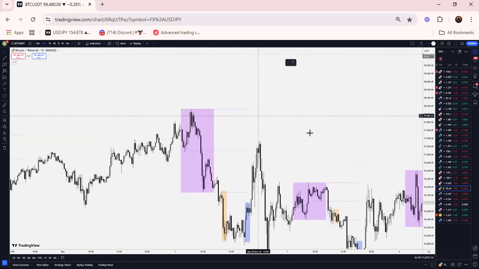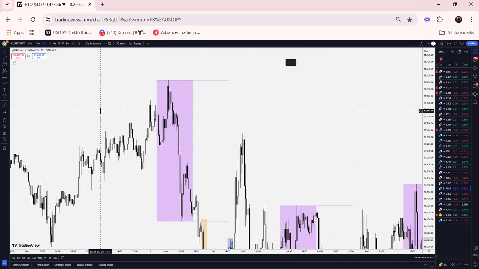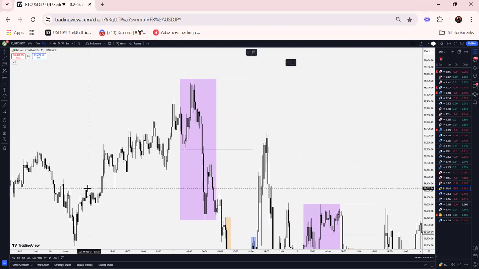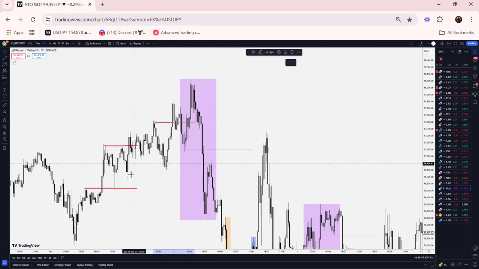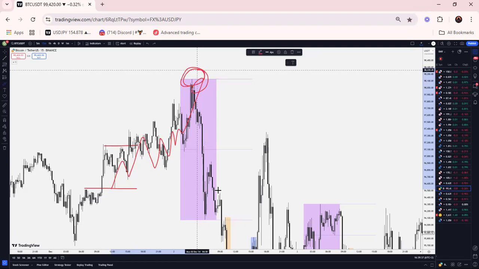Same thing here. Look, efficient here, efficient here, efficient here. Everything here is efficient. So as you can see, all this liquidity will be protected. All these things here will be protected till price reaches something on high time frame and reverses.